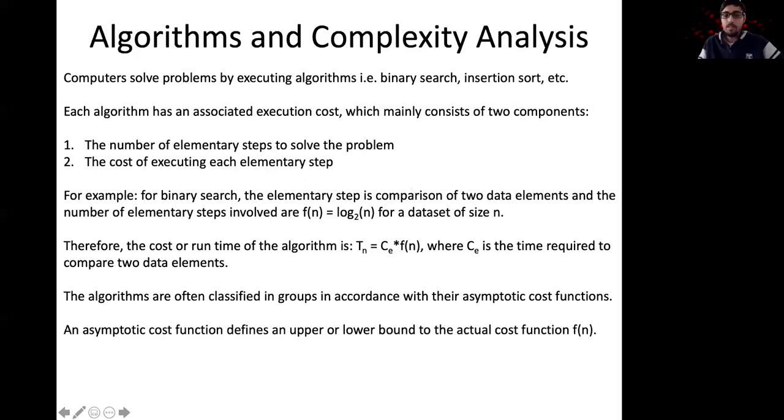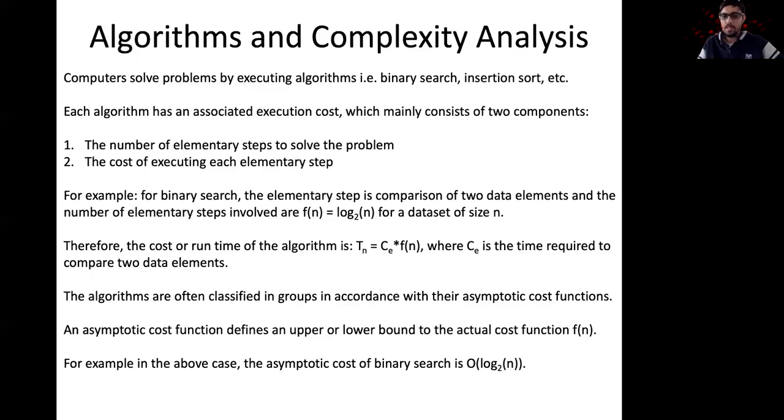Algorithms are often classified in accordance with their asymptotic cost. So instead of doing this exact cost, we often ask, what is the asymptotic cost? For example, what is the lower bound or upper bound of that algorithm? You can say that the binary search algorithm is basically order log base 2 n.